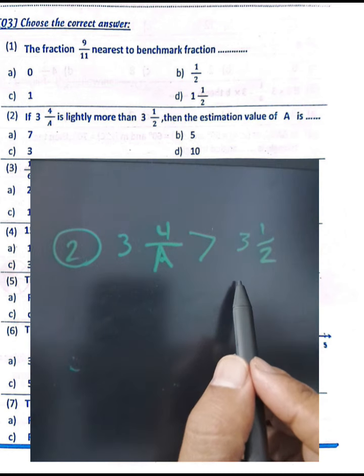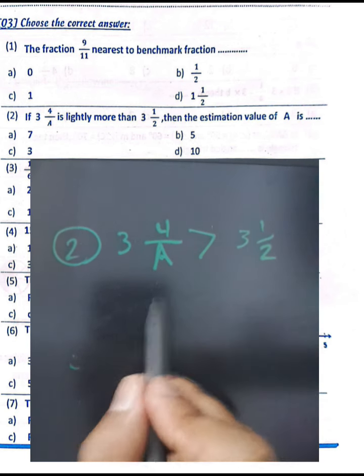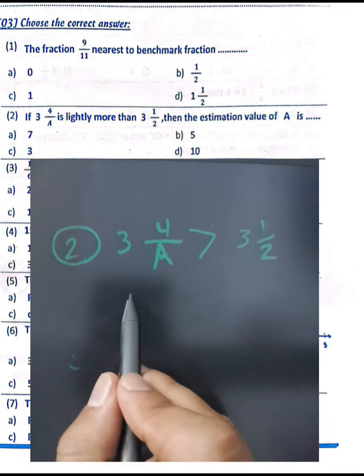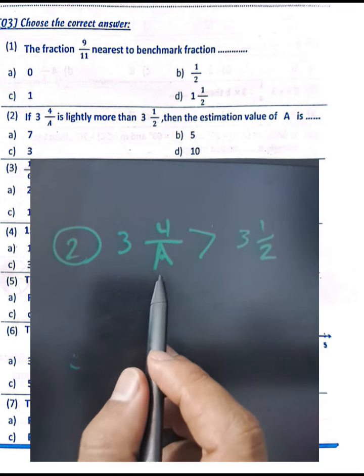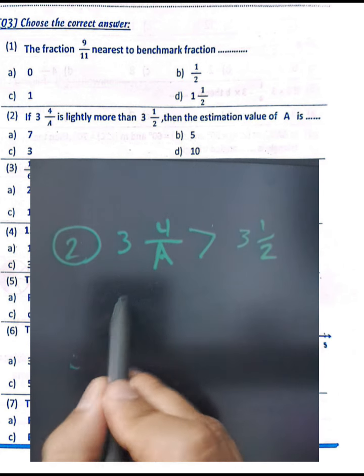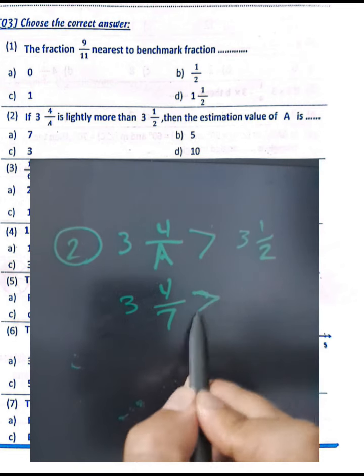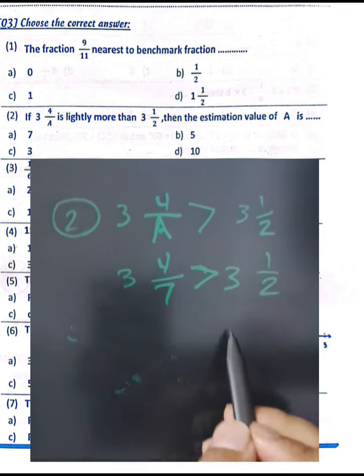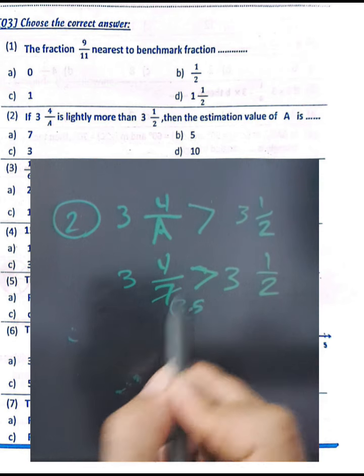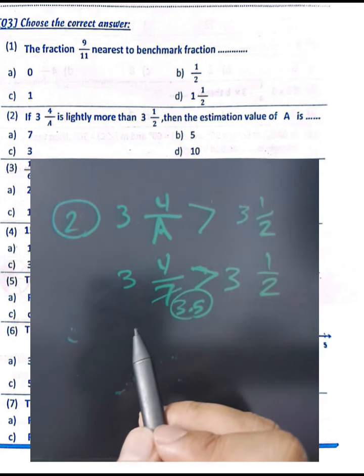You must write the number nearest to or greater than half. No, don't write 3. If you write 7, then 4 over 7 will be greater than 3.5, because half of 7 is 3.5 and 4 is greater than half of 7.